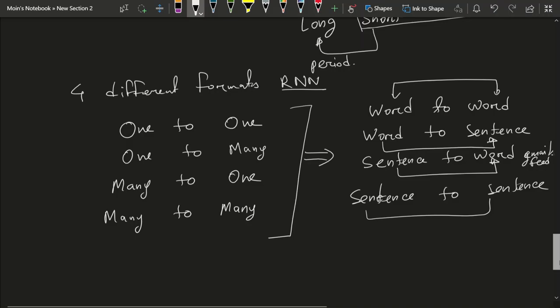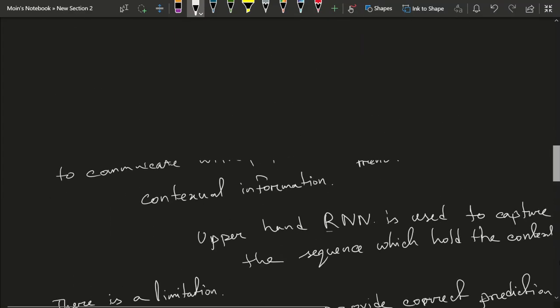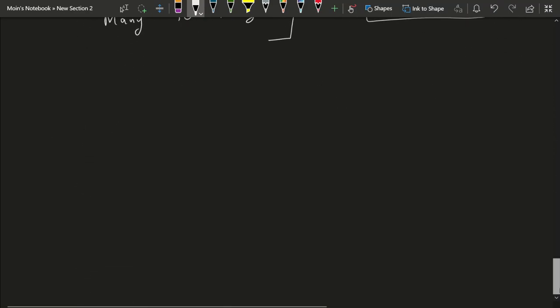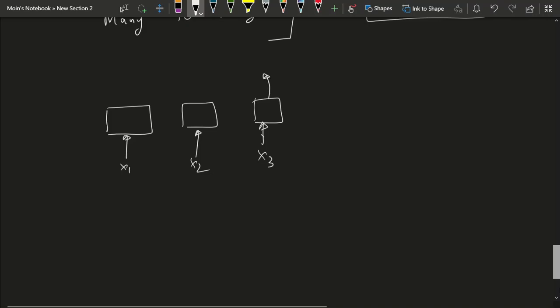So that's how the four different formats of RNN actually work, and the architecture of these four could be represented like x1, x2, x3, and then there will be only one y. Okay.